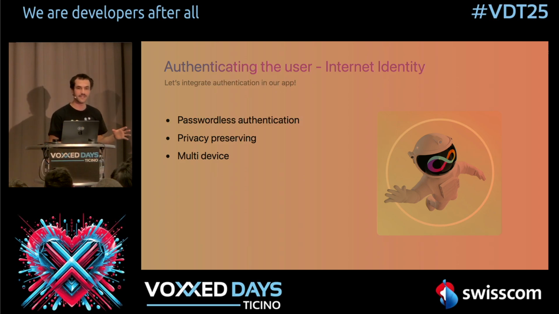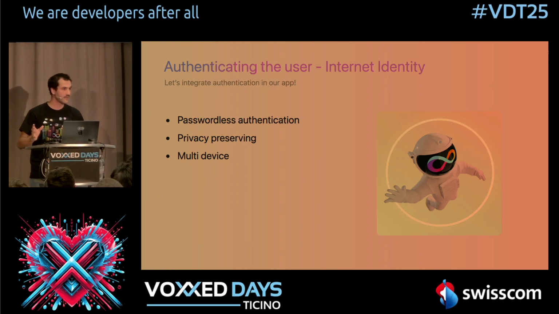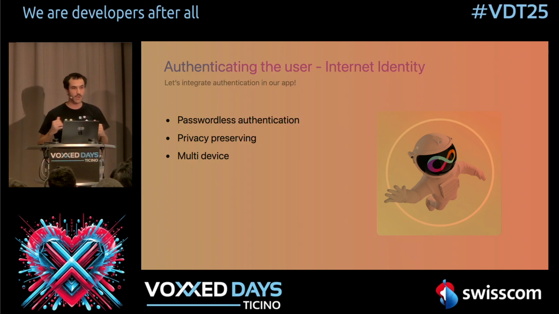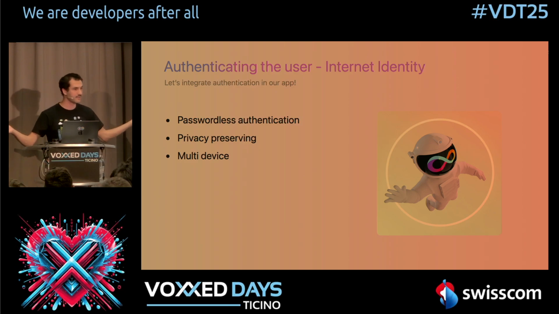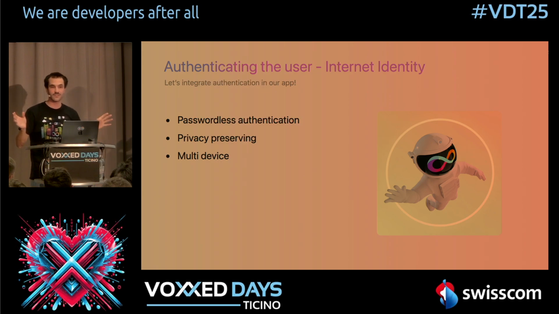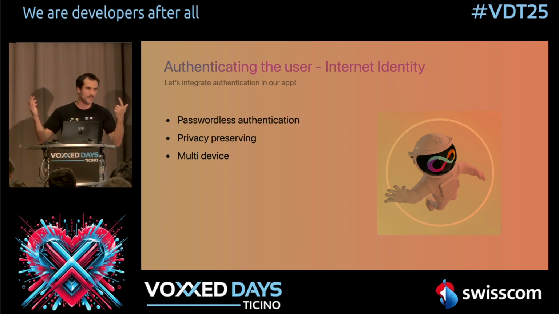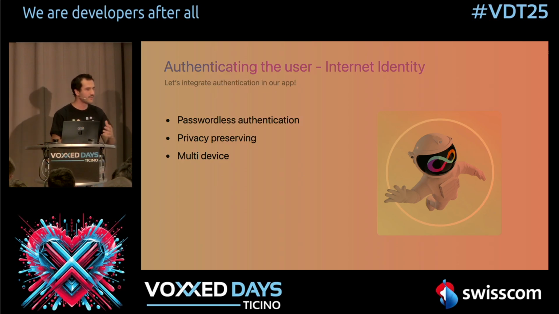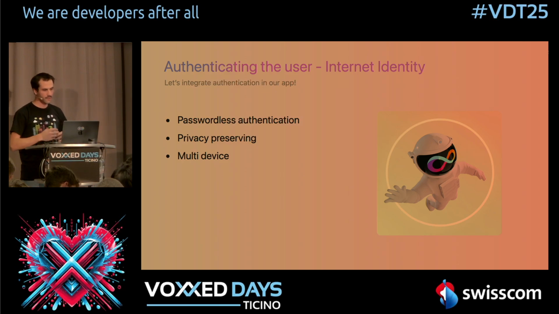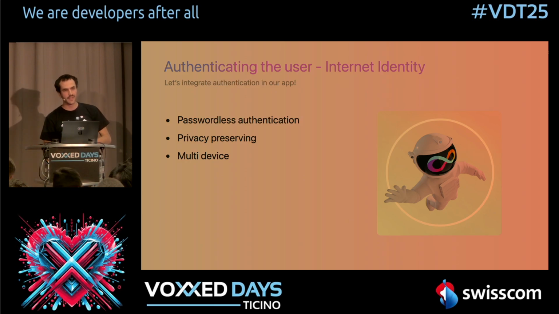So the Internet Identity uses passkeys to enable users to log into the applications they want to interact with, with nothing other than their biometrics, or a PIN, or a security key that you insert into your computer, or in general, into your device.